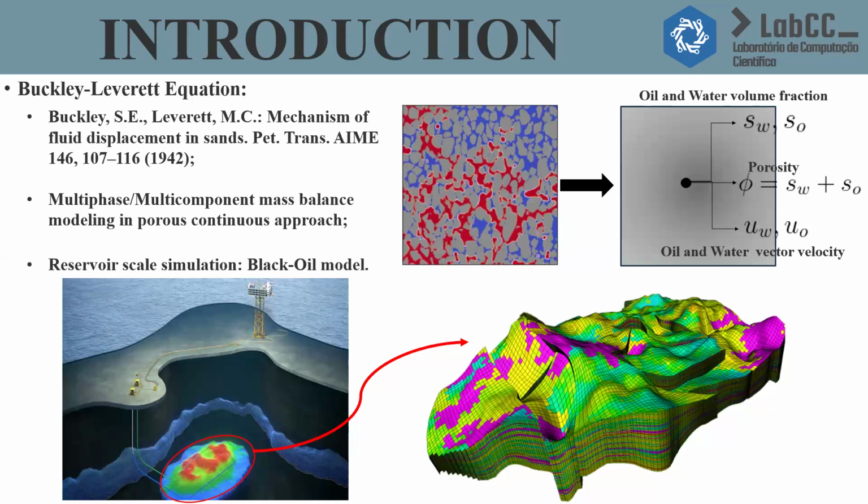In the oil industry, the Buckley-Leverett equation has a lot of applications, but the main one is to simulate the fluid displacement in reservoir scales. And the black oil model is the main one, and it's considered like an extension of the Buckley-Leverett equation.